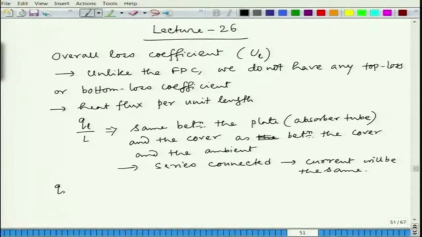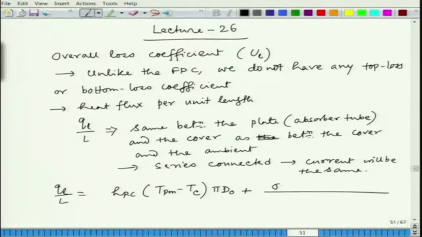So, what we can write? We can write first this between the absorber tube and the cover, that the heat transfer coefficient between plate and the cover multiplied by the temperature gradient, which is the mean plate temperature minus the cover temperature. Okay. And the area here we can find out by the outer diameter of the absorber tube, pi d naught, plus this is the convection part. Now, we will have the radiation part as well.